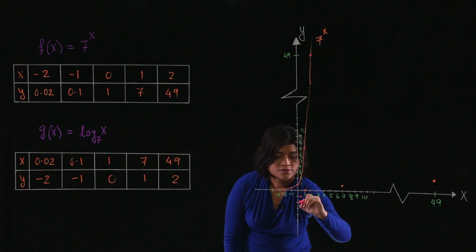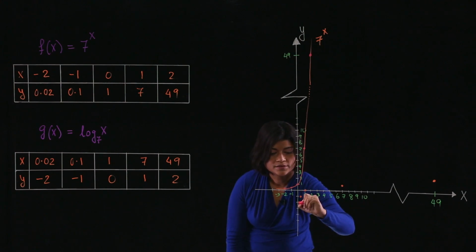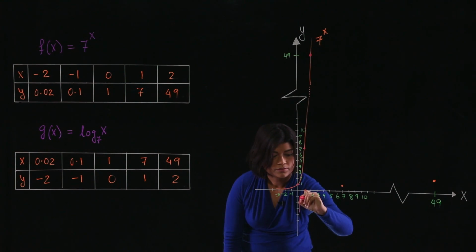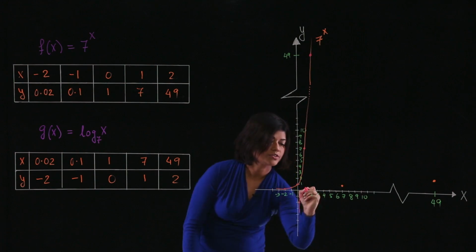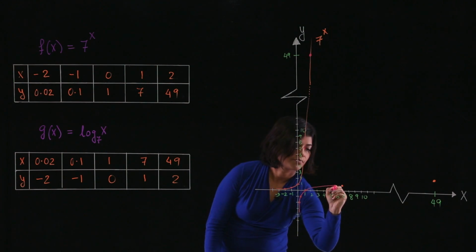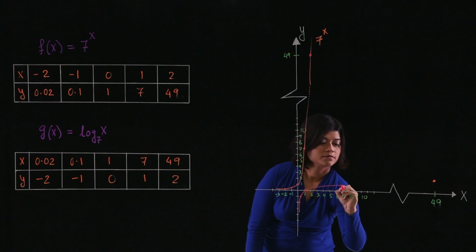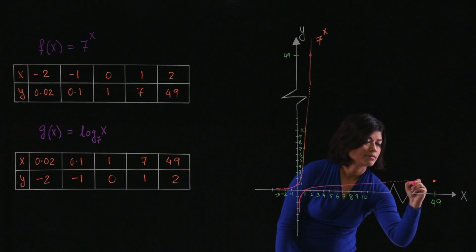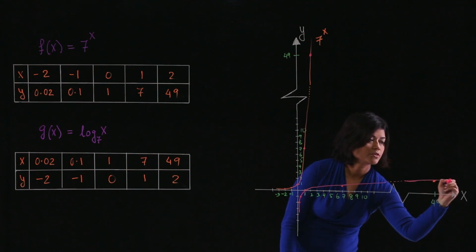So let's see. In this direction, as you can see, the logarithm will keep on going. The function graph will be down here, then it will cross these points, and then keep on going and cross that point.